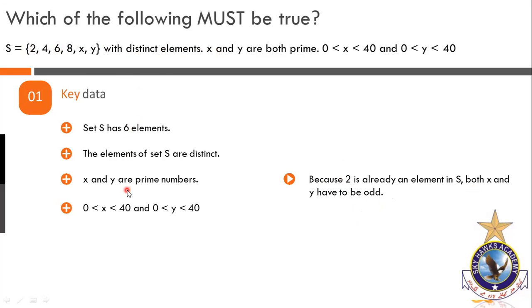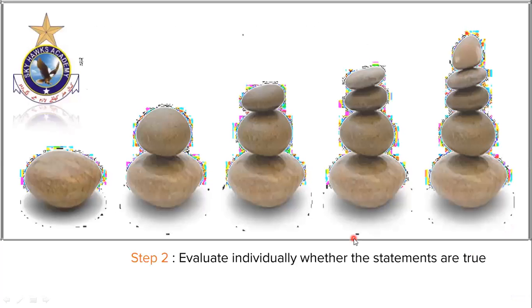After having the four pieces of basic information extracted from this given set, we have concluded that x and y cannot be even. They must by all means be odd, and at the same time they must be prime numbers. So we are moving to step two: evaluate individually whether the statements are true.